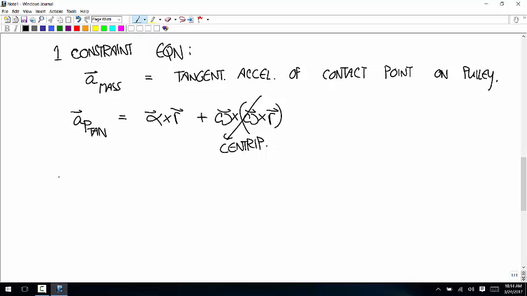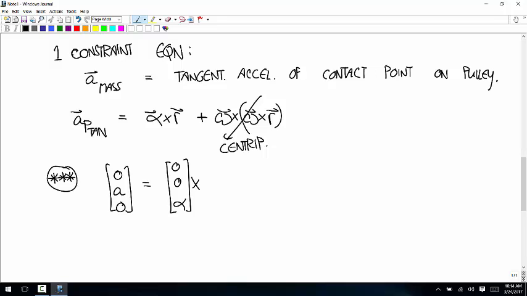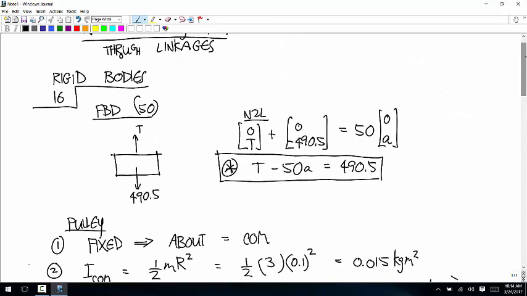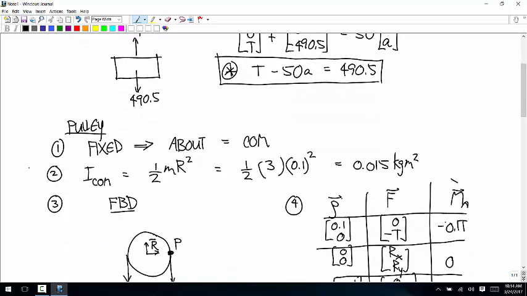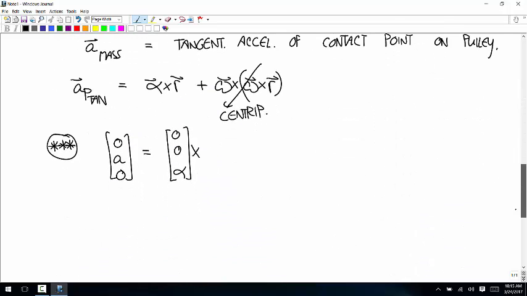So we have this, our constraint equation, triple star, says 0a, I guess I'll make it 3D because of the cross products and stuff, is equal to 0, 0 alpha crossed with the r vector, which points from the center of the circular motion of this point P to the point P. So that's positive 0.1, 0, 0.